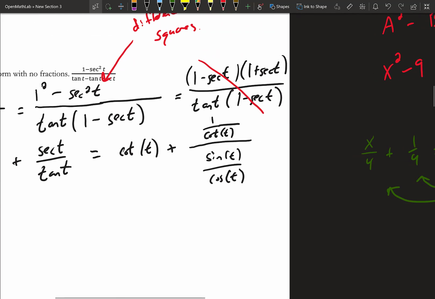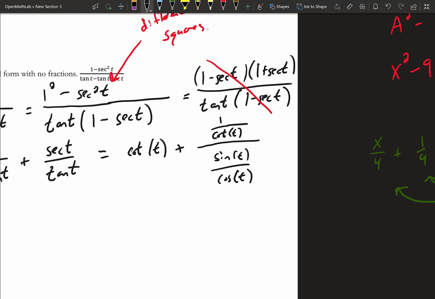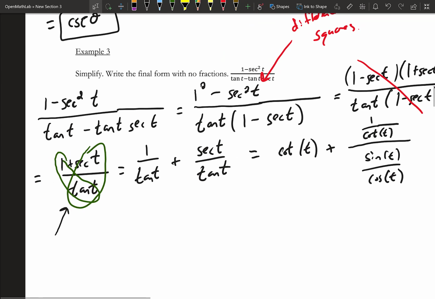I can just keep going here. So we would have equals cotangent of t, and then plus, and I'm going to rewrite this with how we divide fractions: 1 over cosine of t times the reciprocal. Whoops, I wrote cotangent here, but that should be cosine.